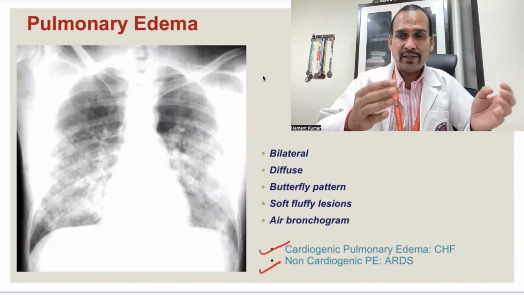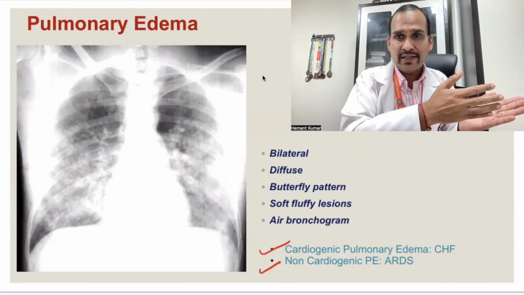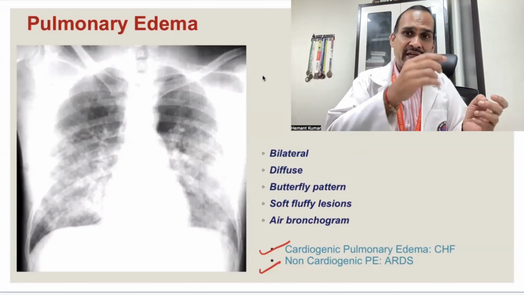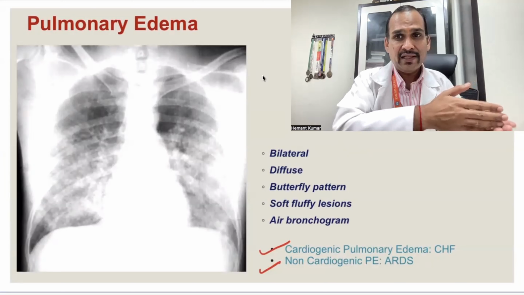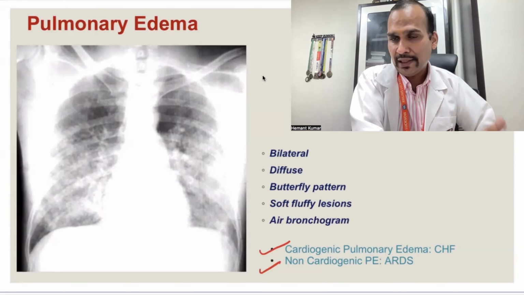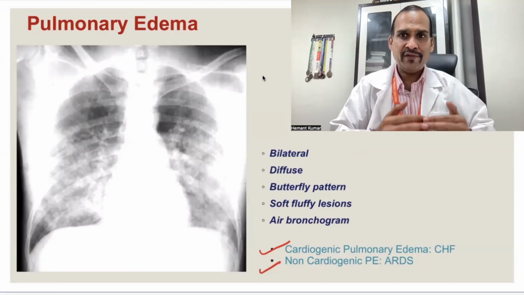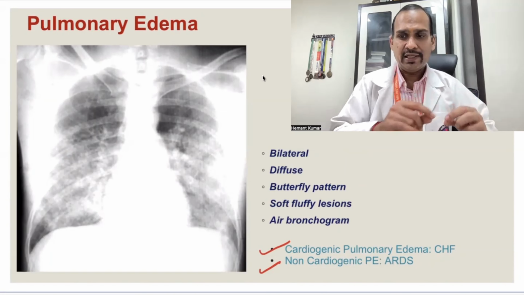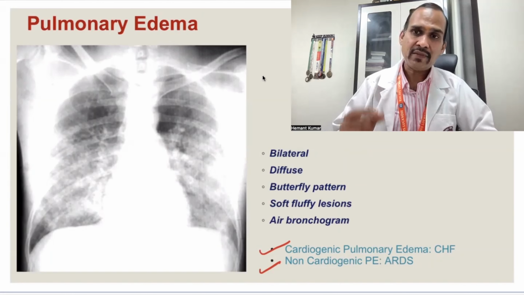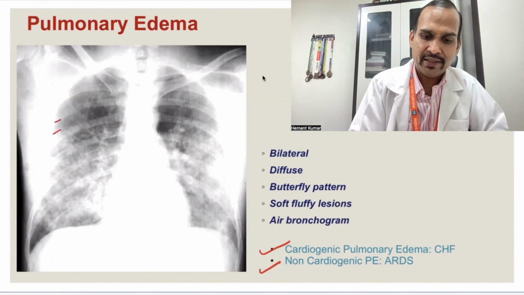Because of more blood in the pulmonary vessels, there will be interstitial edema, because fluid will go first to the interstitium, then to alveolar filling. So the first stage, whenever there is left ventricular failure, is increased vascularity. You can appreciate a reticular pattern, especially in the upper and lateral one third.